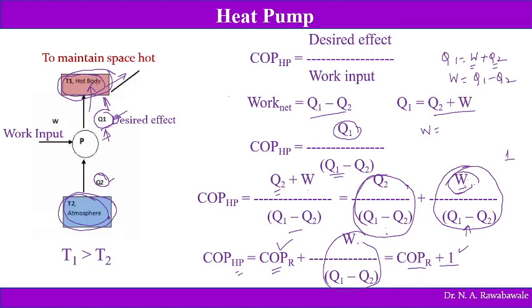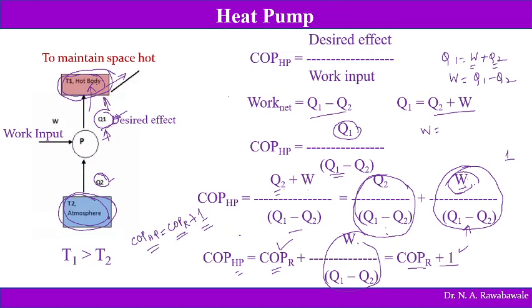Q1 minus Q2 in numerator and denominator get cancelled. So what we can conclude is COP of heat pump is equal to COP of refrigerator plus 1. Always the COP of heat pump is greater than the COP of refrigerator by 1.